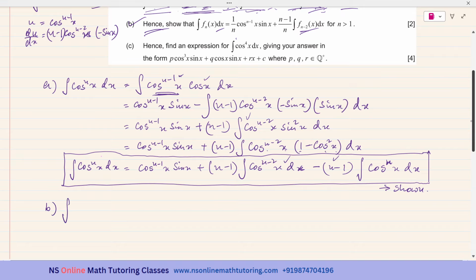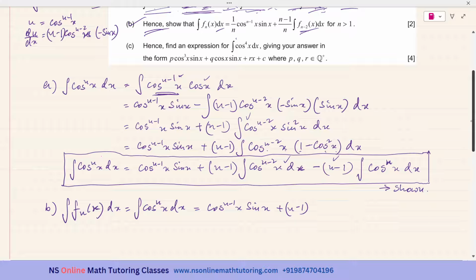So subpart B: the integral of fn of x dx is equal to the integral of cos^n x dx. This should be equal to, let me just write this one, the whole thing. First of all, it is cos^(n-1) x sin x plus (n-1) times the integral of cos^(n-2) x dx, this can be written as this fn minus 2.